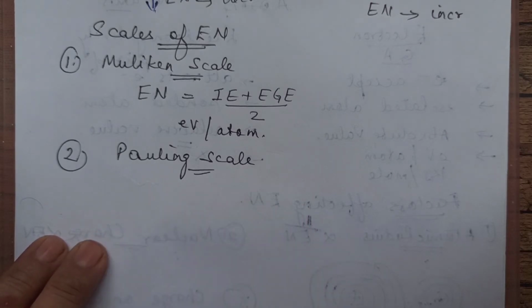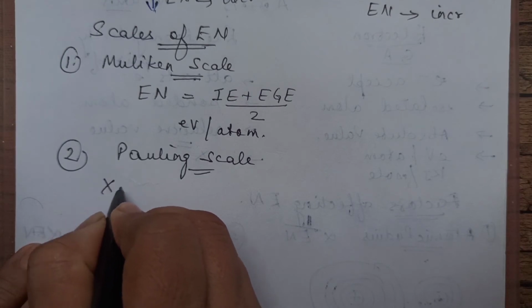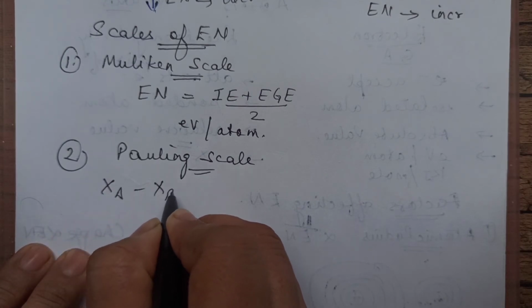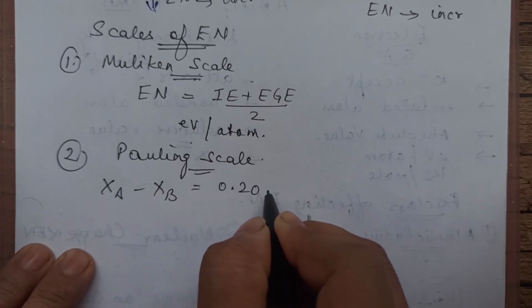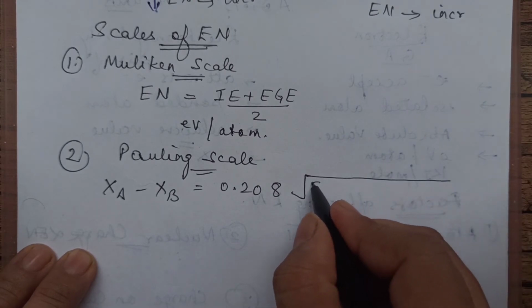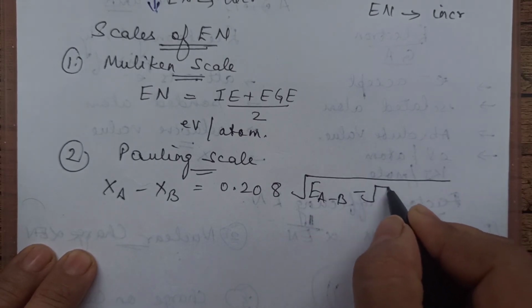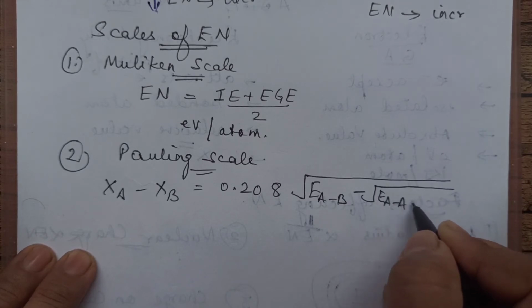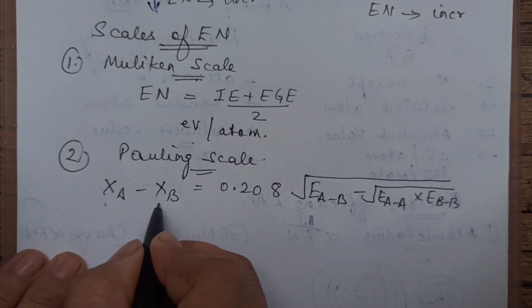He has given this formula: chi A minus chi B is equal to 0.208 root of E_AB minus root of E_AA multiplied by E_BB. Now what are chi A and chi B, children?